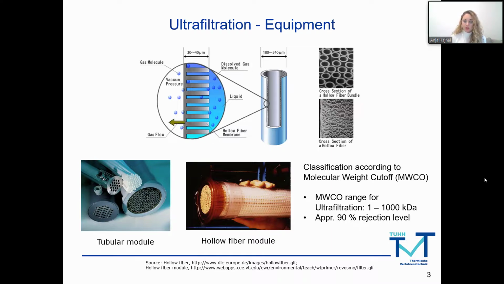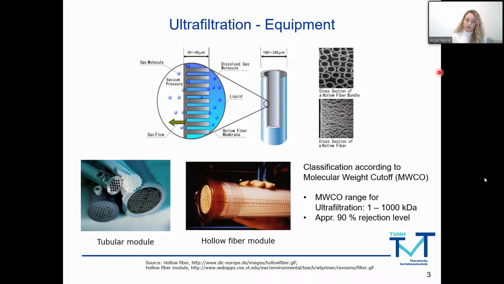We can use different apparatuses. There is a spiral-wound apparatus, as well as tubular and hollow fiber modules. The differences are usually a trade-off concerning the surface area.